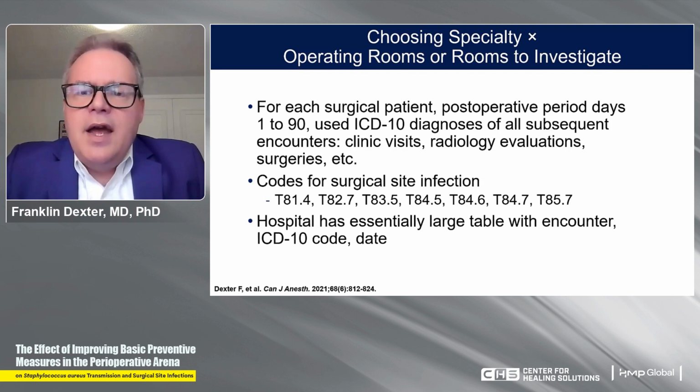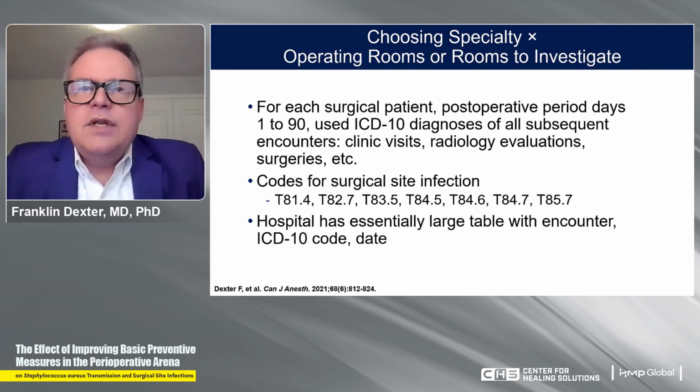Because you want every patient, not a sample, you'll likely infer surgical site infections from diagnosis codes. You're unlikely to be using data from infection control specialists who've been contacting every patient. Rather, you're likely to use diagnosis codes.